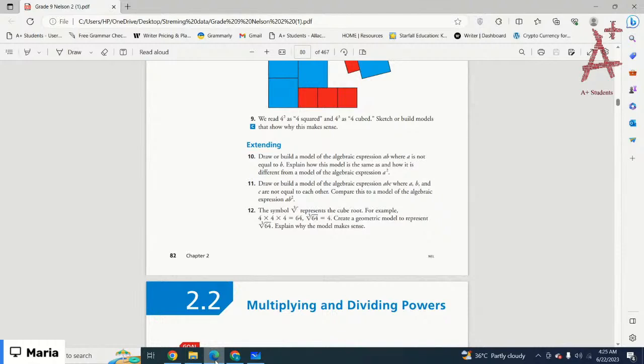Okay, the symbol cube root represents the cube root. For example, 4 times 4 times 4 equals 64.